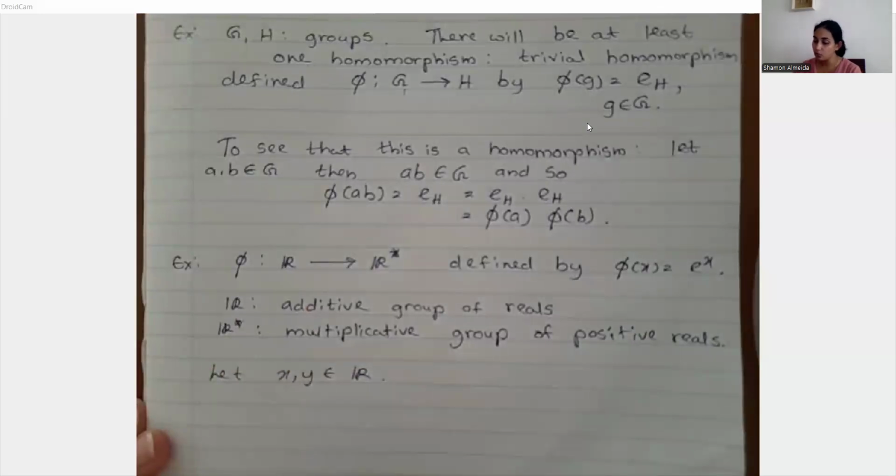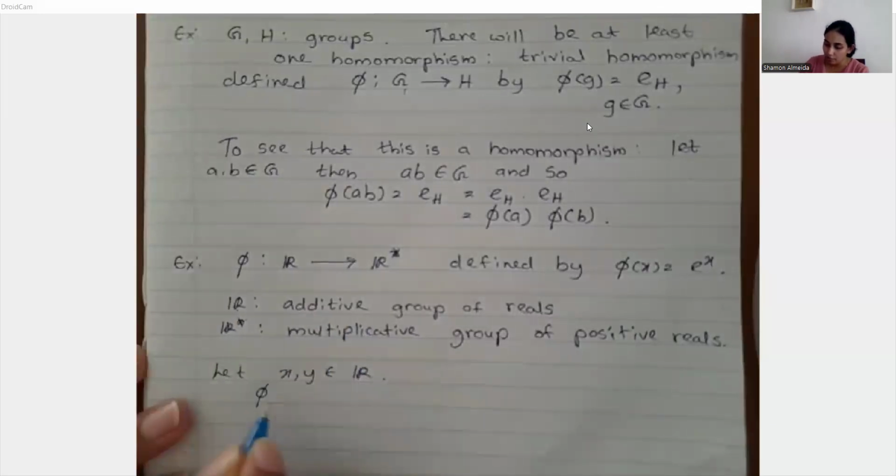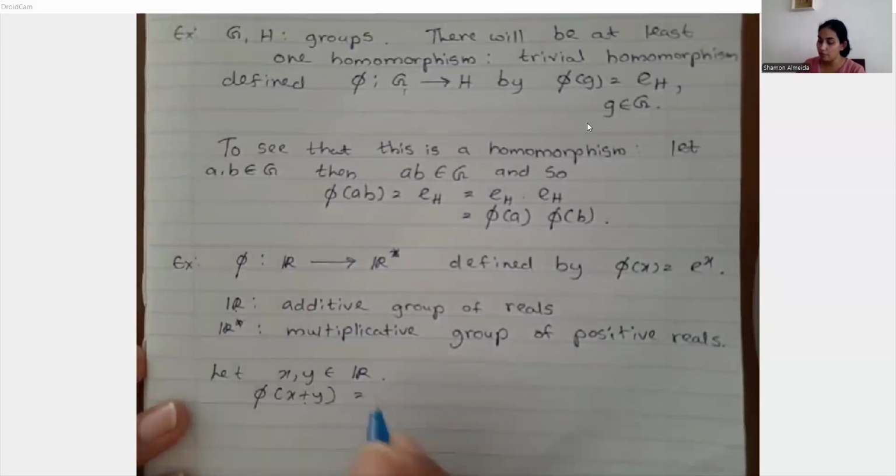Now this is the group under the binary operation addition, so x times y would simply refer to x plus y. So we find phi of x plus y. This is equal to, by definition of phi, the exponential function of x plus y.